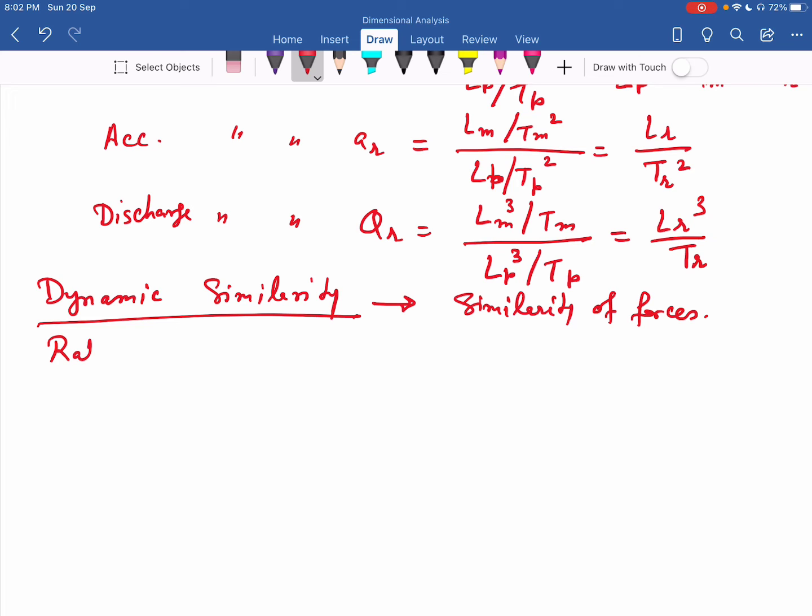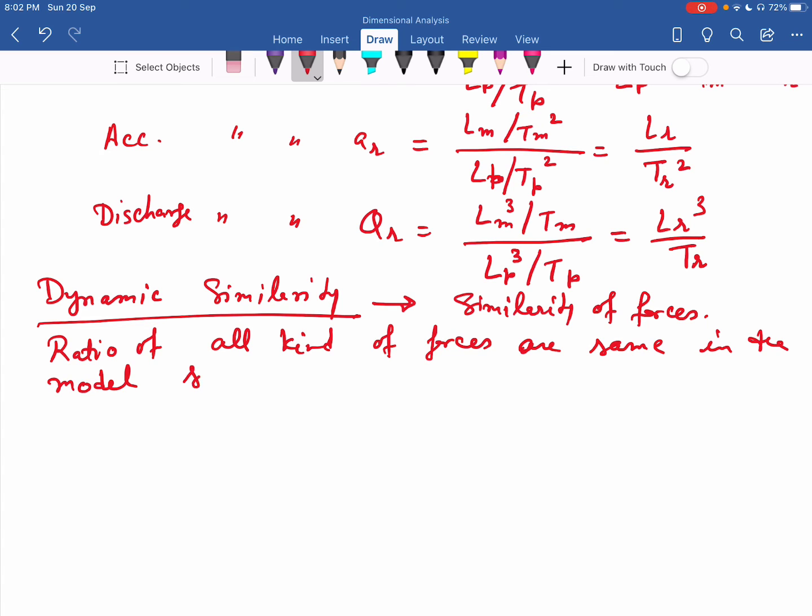So you can say the ratio of all kinds of forces are the same in the model and the prototype at homologous points.